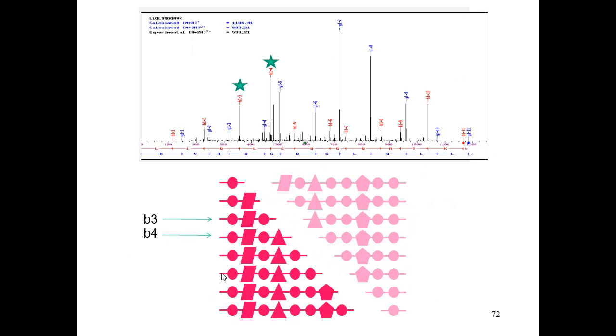The MS2 scan looks at fragments of a peptide. Here's the original peptide. Each time it's been fragmented in a different location. It's rather remarkable that peptides happen to preferentially fragment at the peptide bond. So if we look at the difference between two ions, the B3 ion and the B4 ion, the difference is an amino acid.